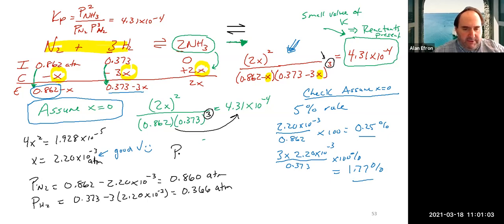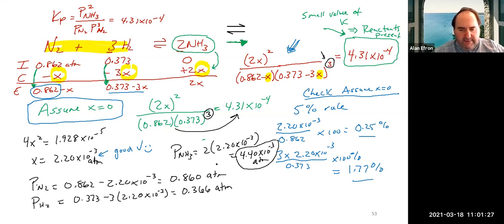And we'll do our partial pressure of NH3 over here, which would be 2 times x, 2 times 2.2 times 10 to the minus 3, and that's going to get us 4.40 times 10 to the minus 3, also in atmospheres. Any questions on that calculation, why we did anything, the assumption part of it that I can answer for you?